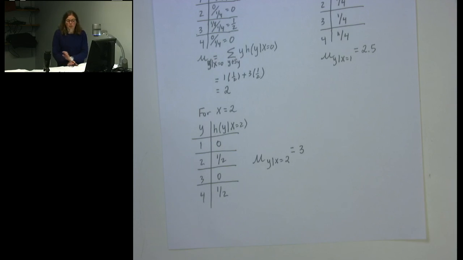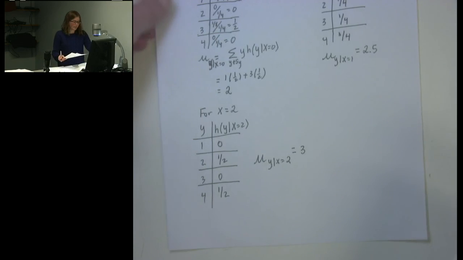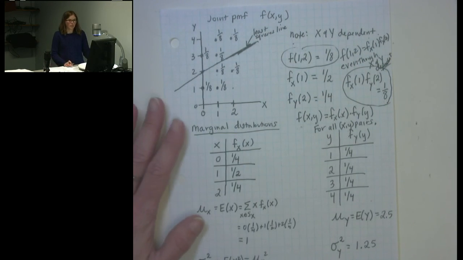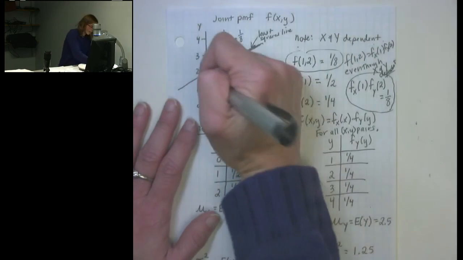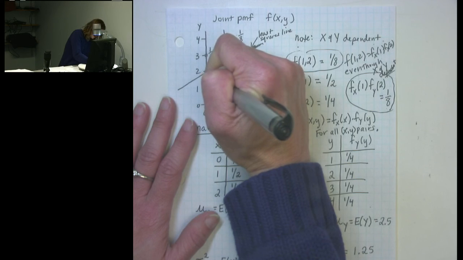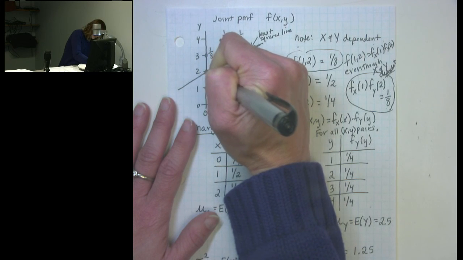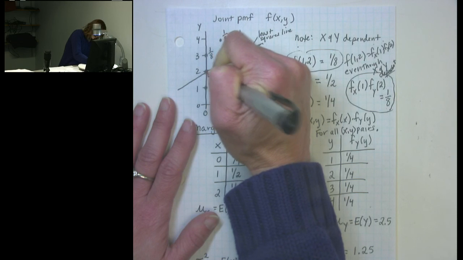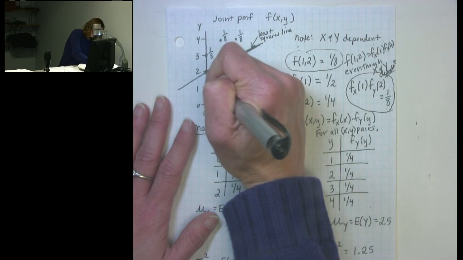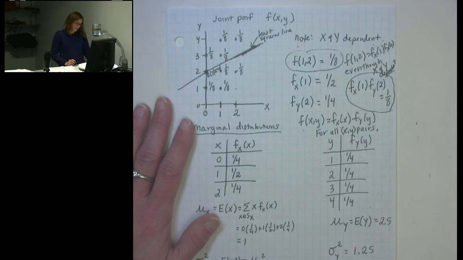So I just want to show, going back to our joint PMF, if I look here, this is my expected value of y, given that x is equal to 0, is 2.